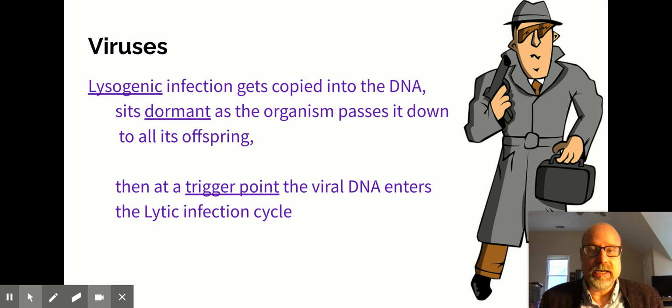And then at some trigger point, depending on the particular virus, depending upon the situation, a trigger point is reached, and suddenly all of these chunks of viral DNA in all of these bacteria that are descended from the bacteria that was first infected slip back into the lytic infection cycle.